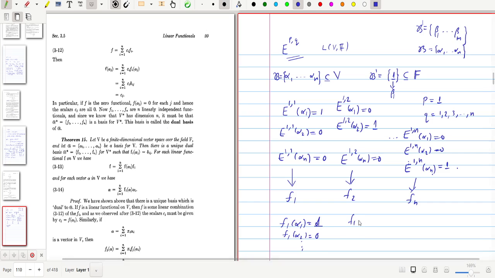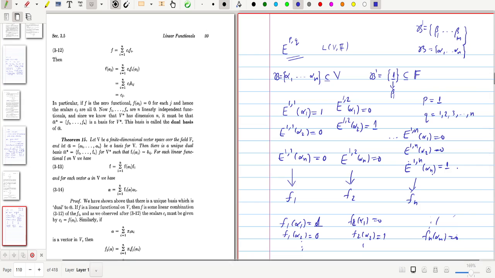Similarly, f2 of alpha 1 equal to 0, only f2 of alpha 2 is 1, the rest of them are 0. Similarly, in case of fn, fn of alpha n is equal to 1, and the rest of them are 0. So this is what we call the basis corresponding to the basis B, where B prime consists of only 1.